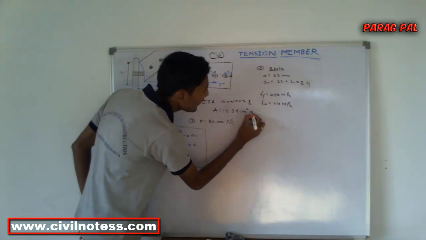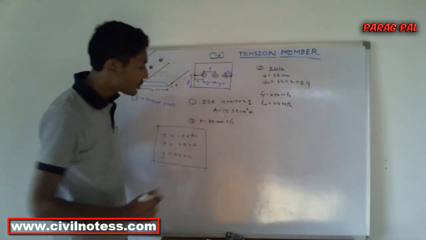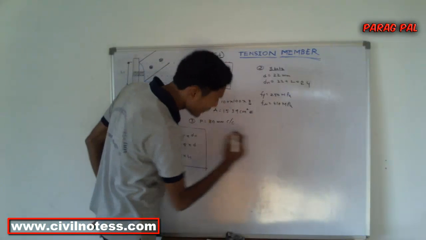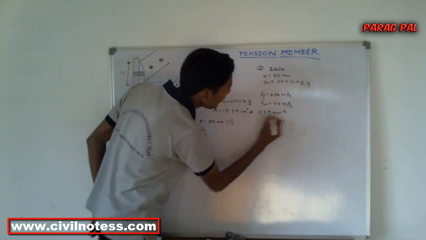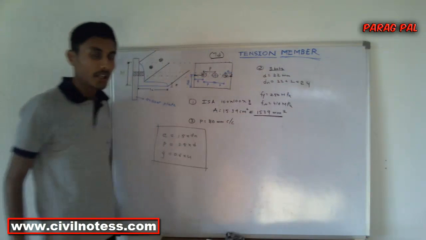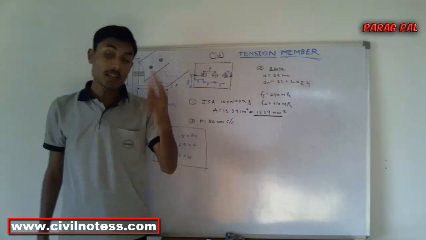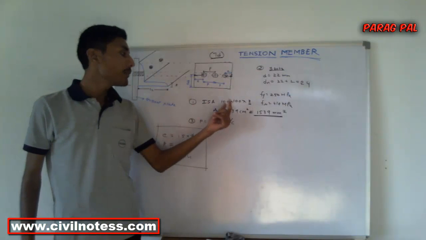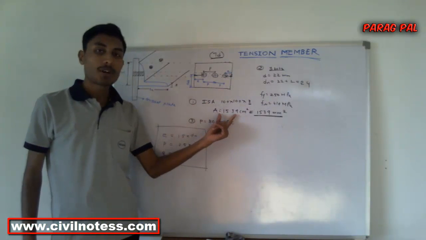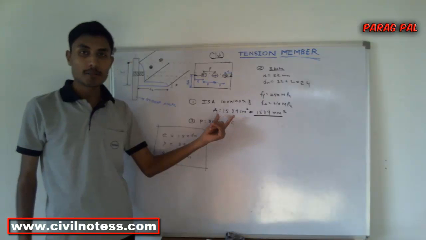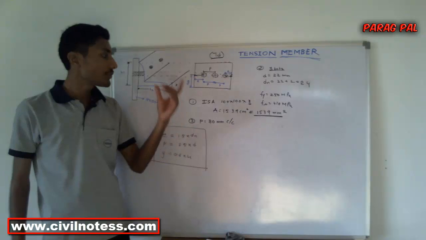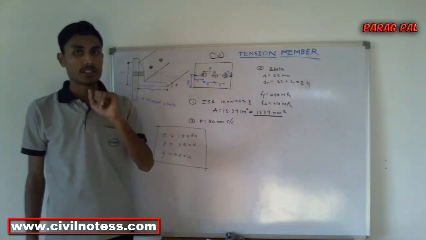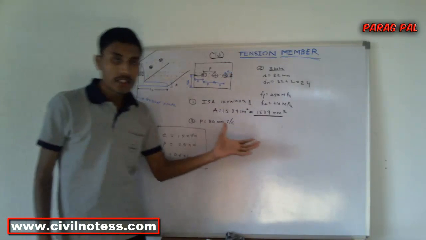You have to convert it into mm square, so it is 1539 mm square. In your steel book you can find 100 by 100 by 8 is equal to 15.39 centimeters square, and it is a single equal angle section. Okay, now you get this value.